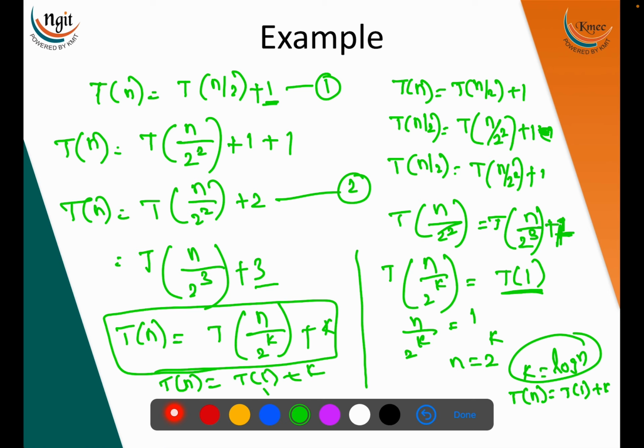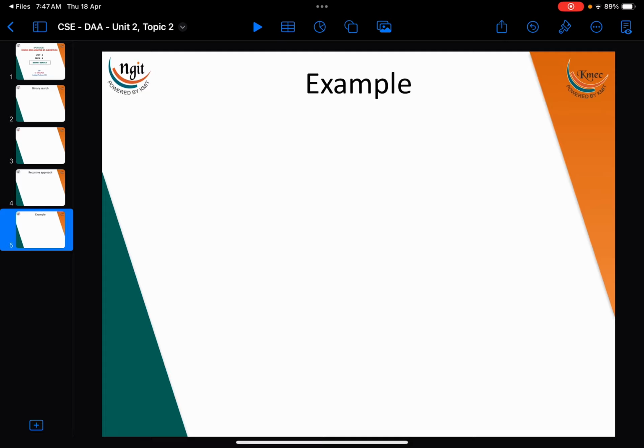Log n. So 1 plus log n. That is, T of n is equal to log n, the time complexity of the binary search algorithm. You can call it theta of log n, or you can call it big O of log n. The same thing you can understand with an example of binary search.